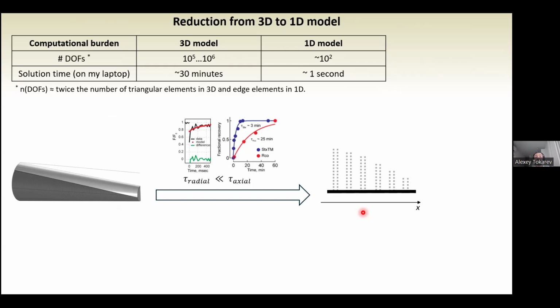We have a huge number of computational nodes here, the time of solution is quite high, and to compare to experiment it is unfeasible now. So we need some reduction, and we do this reduction. We reduce our three-dimensional model first to a two-dimensional model and then to a one-dimensional model.